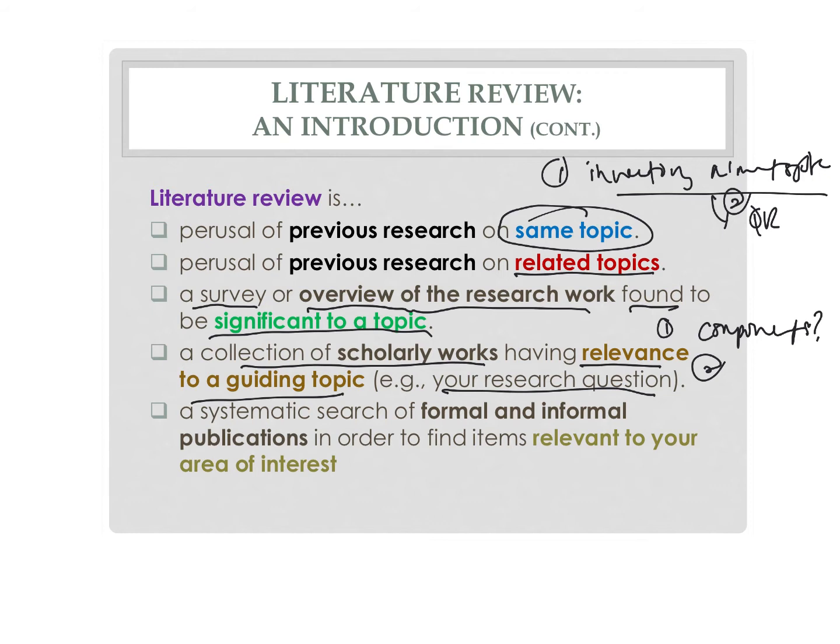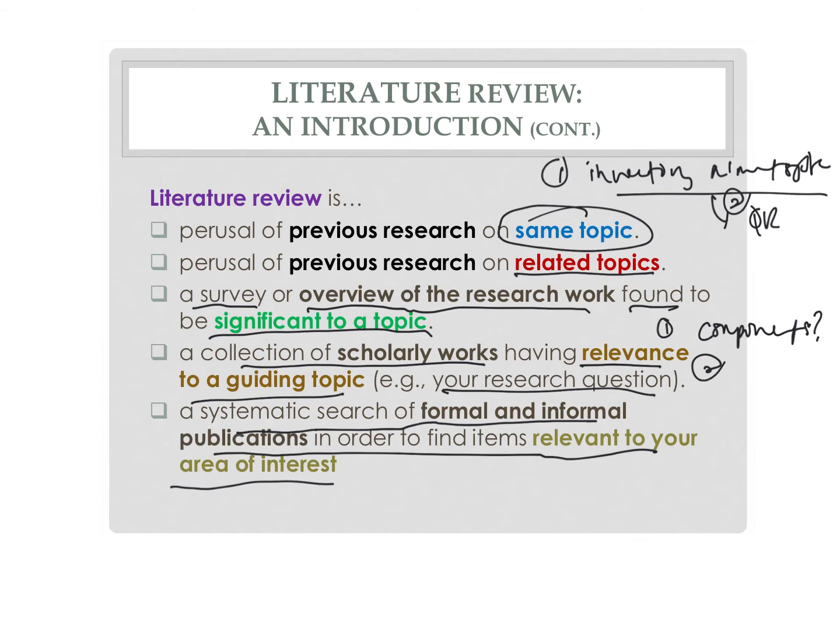It is a systematic search for formal and informal publications in order to find items relevant to your area of interest. So instead of finding a similar one, you may find relevant publications or articles that are similar to your area of interest. So that is a literature review.